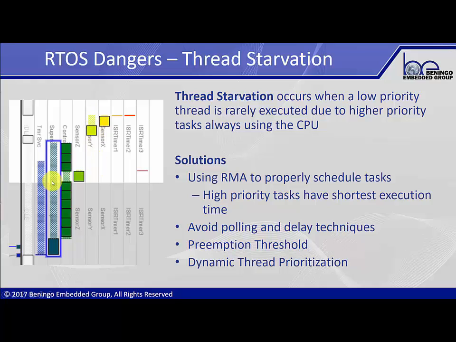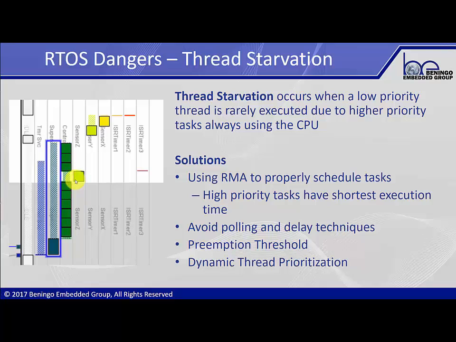Now, as you can see here, I've highlighted a thread here. There is this task here that, as you can see, obviously is not getting enough CPU time. It was ready to execute its code way up here, and it had to wait all the way down here before it actually got access to the CPU. It was continuously interrupted by a higher priority task, which was then interrupted by a higher priority task, and so on and so forth. So how do we prevent thread starvation?